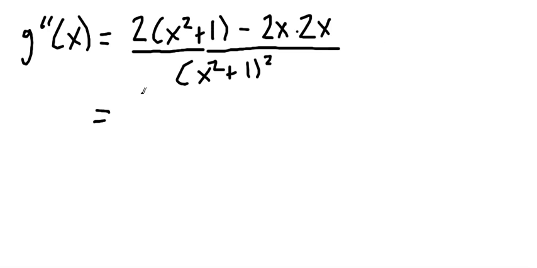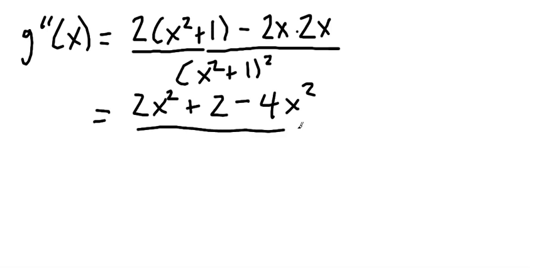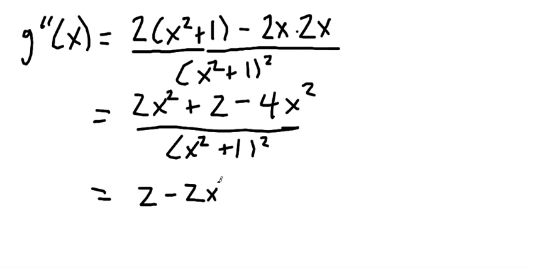And this is equal to 2x squared plus 2 minus 4x squared over x squared plus 1 squared. And this is equal to 2 minus 2x squared over x squared plus 1 squared.